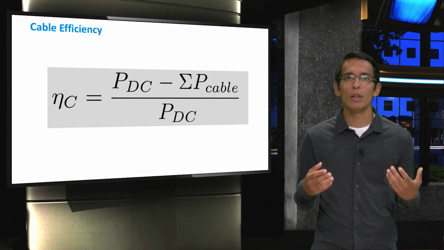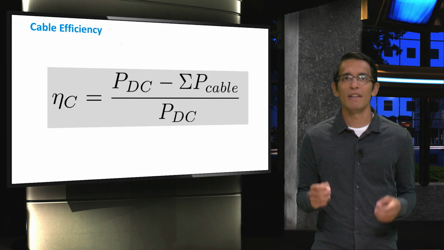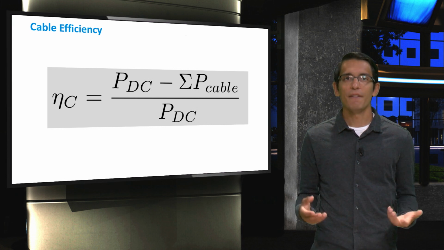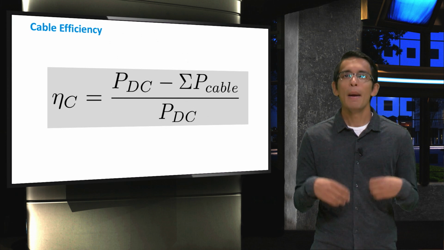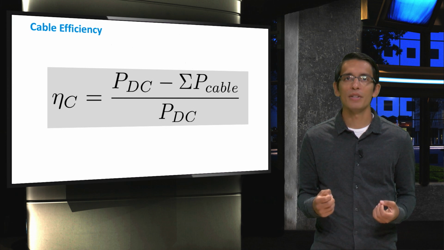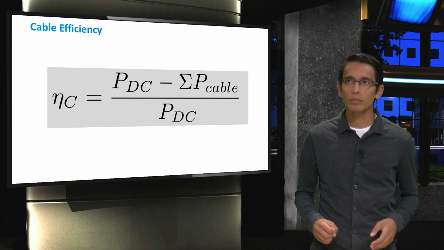So we have been discussing power losses. Of course, you can always look at this as an efficiency. Here, eta C refers to the efficiency of the cables. It is defined by the DC power generated by the PV modules, P_DC, minus the sum of all the power losses of the cables divided by that DC power. So far we've discussed power loss in the cables, but that is not the only cost when using long cables.